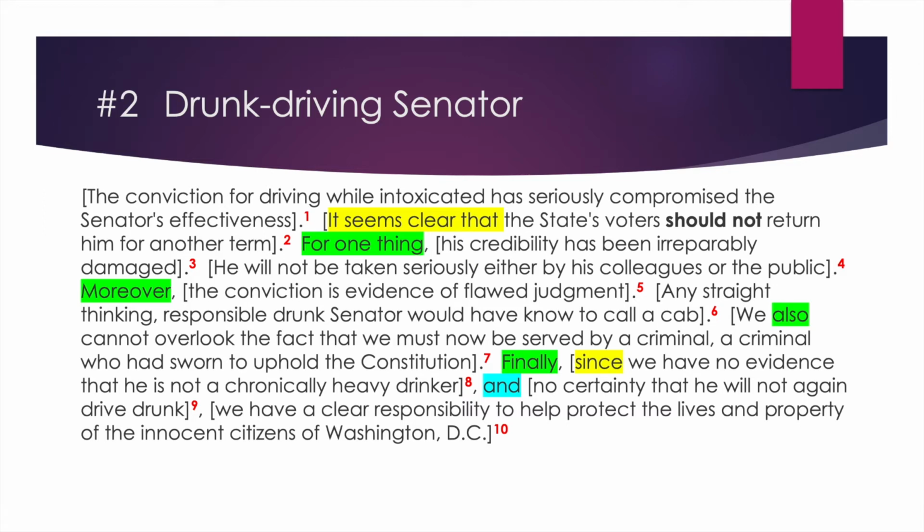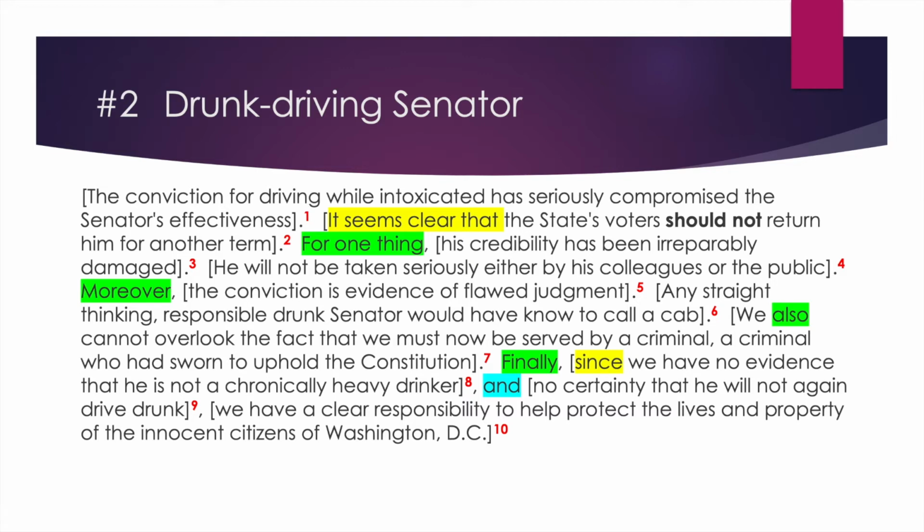We have the 2 pieces of evidence, since we have no evidence that he's not a chronically heavy drinker, and no certainty that he will not again drive drunk. Notice that those 2 assertions are not related by inference. That is, one doesn't prove the other, but they're separate pieces of evidence which prove or support number 10, right? So we have A and B both supporting independently C.